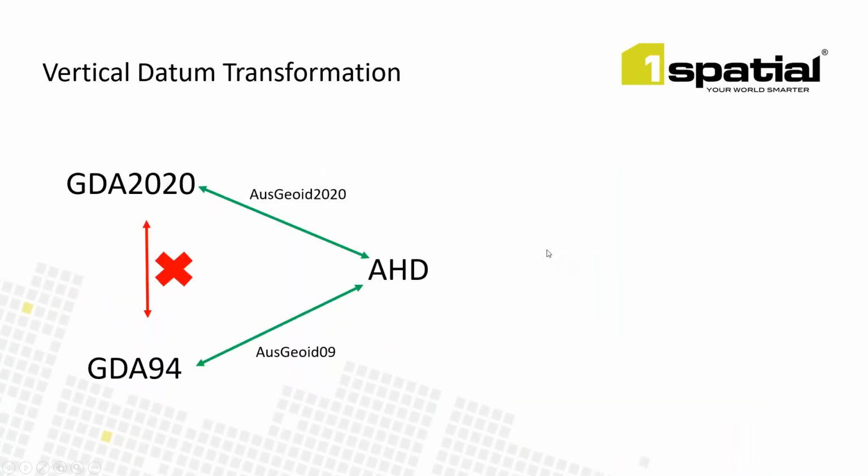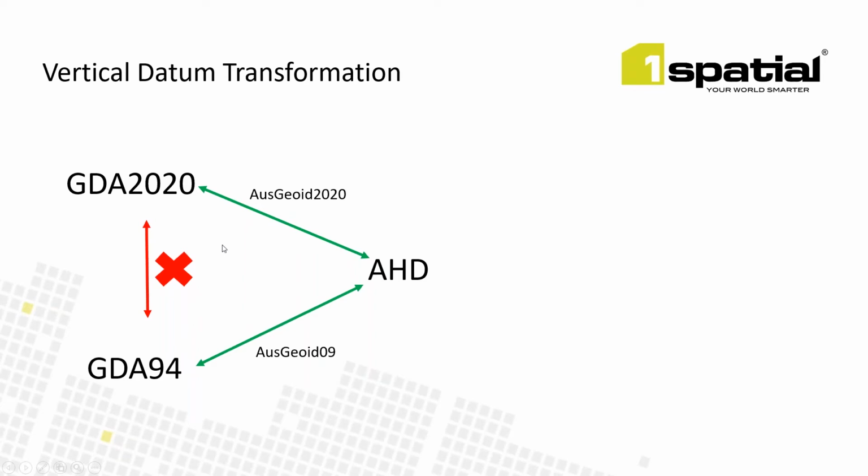To summarize what we talked about in the previous slide, it is possible to convert height from GDA 2020 ellipsoidal height to AHD height and vice versa using AUSGeoid2020, and the same for GDA 94 and AHD height using AUSGeoid09.